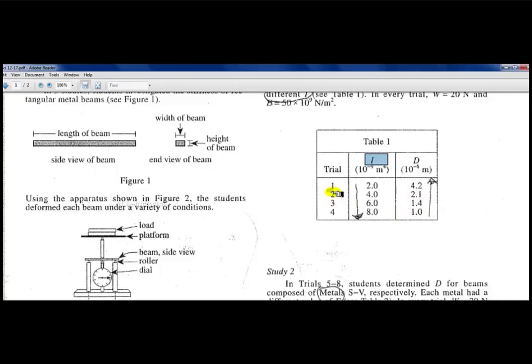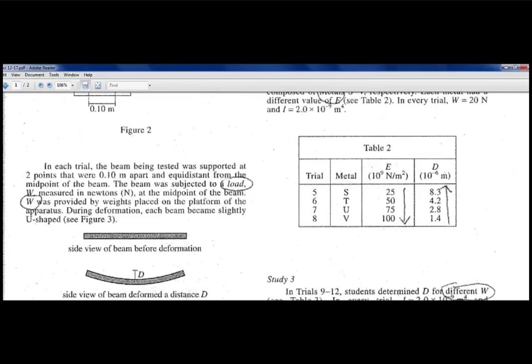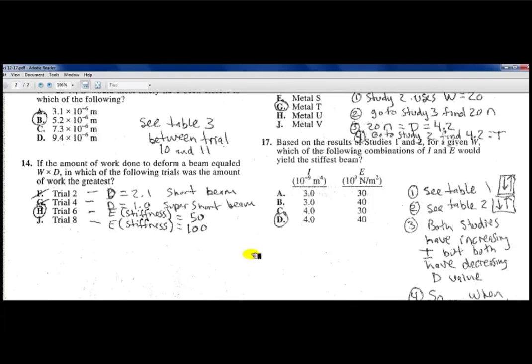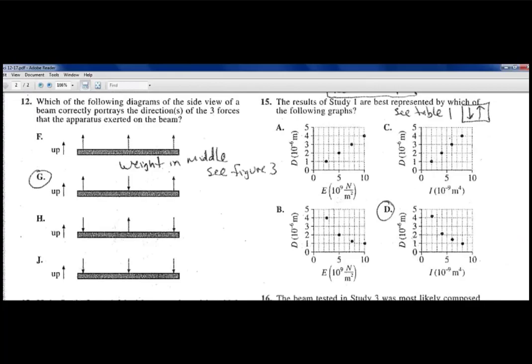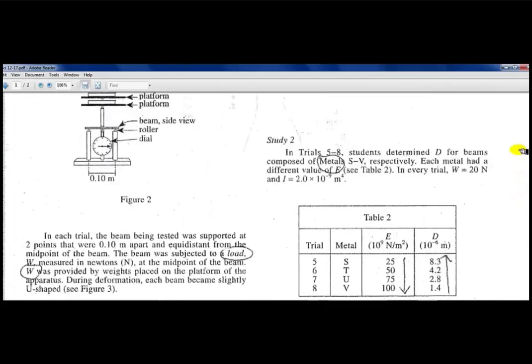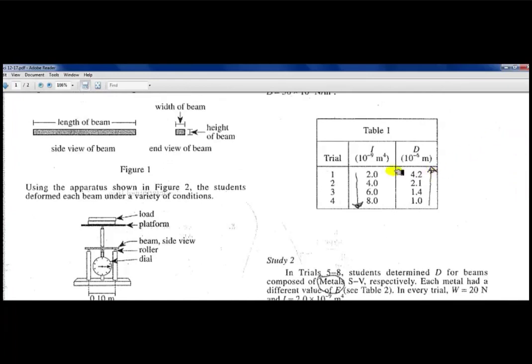So, if work is defined as they say down here in the question, the weight times the distance, you know right away when you look at trial 2 and 4, you see that the distance that it's transformed is going to have a higher value.